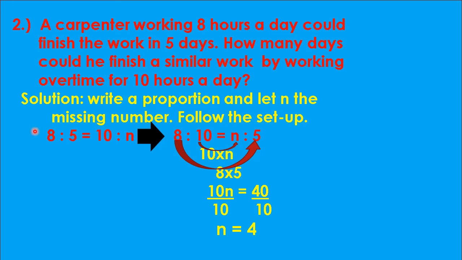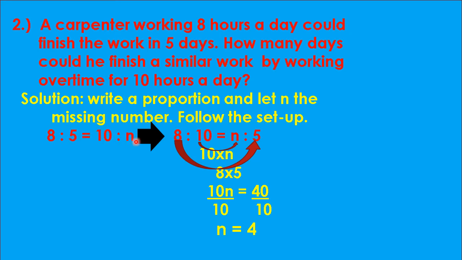So the ratio is 8 is to 5 is equal to 10 is to n. So then we'll follow the setup. So the original amount is to new amount is equal to new number of days is to original number of days.